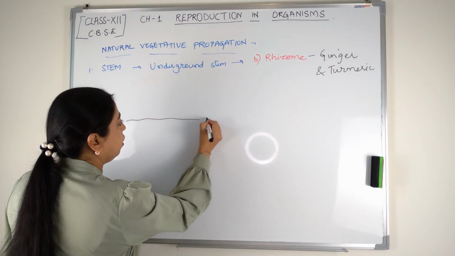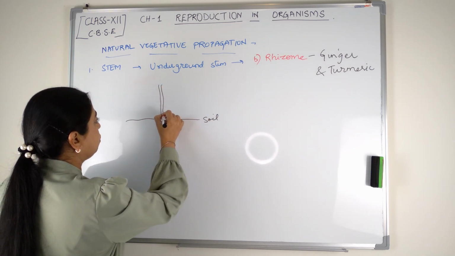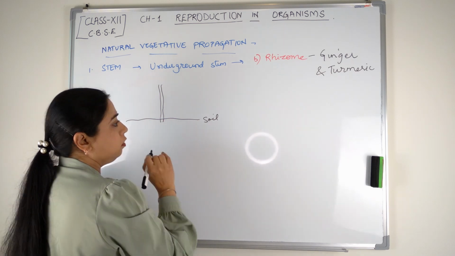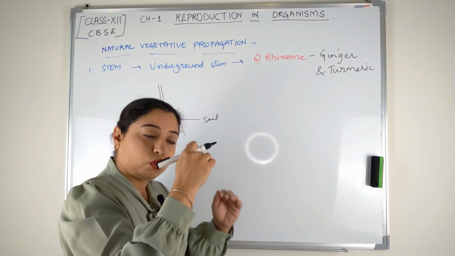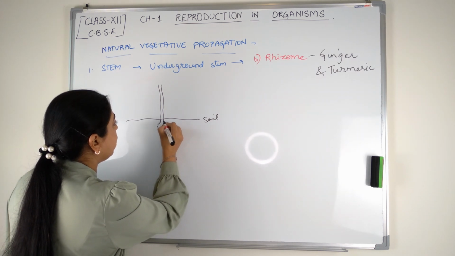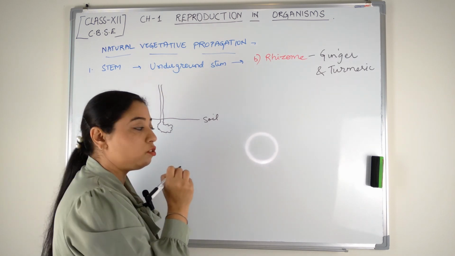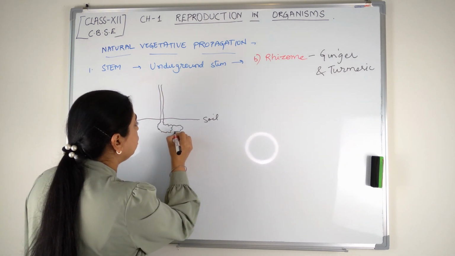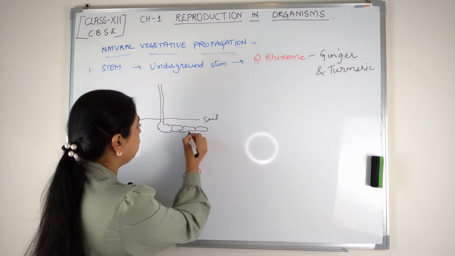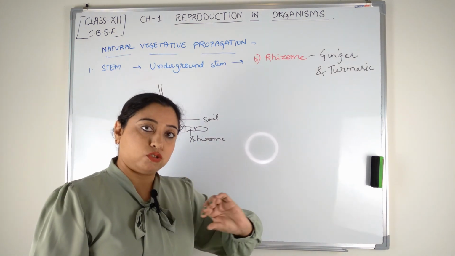If this is soil and this is a ginger plant, the stem of a ginger plant, then somewhere here the part of the main stem grows below the soil surface and will transform into a structure which is a rhizome, and this rhizome grows parallel to the surface of the soil. Okay, this rhizome always grows parallel to the surface of the soil.